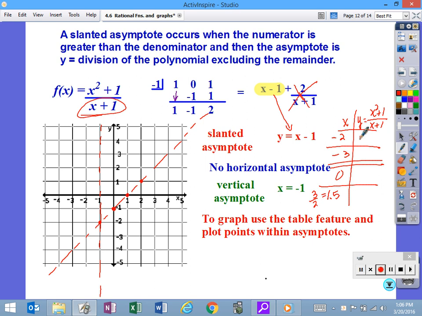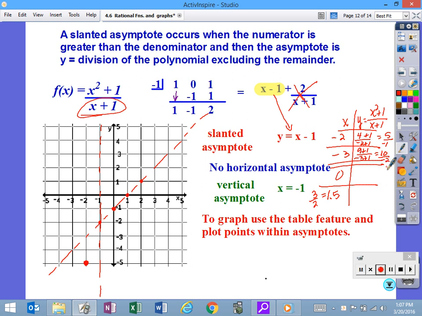So -2 squared is 4, plus 1 is 5, divided by -2 plus 1 is -1, is a -5. So -2, -5. -3 squared is 9 plus 1 is 10, over -3 plus 1 is a -2.